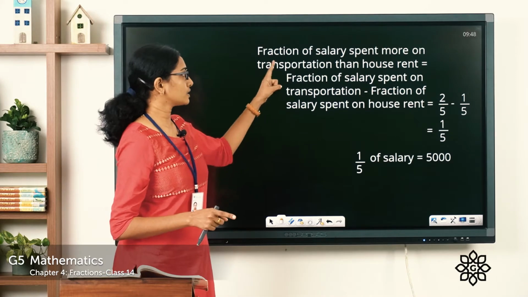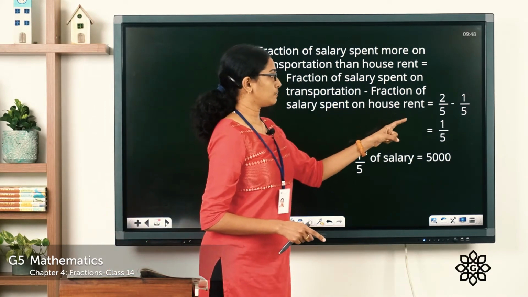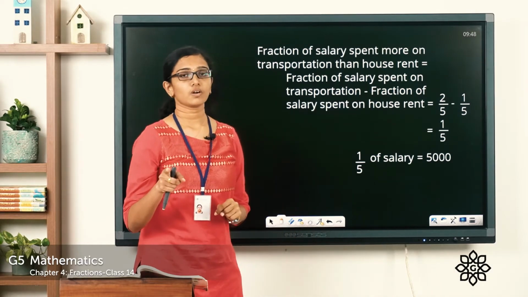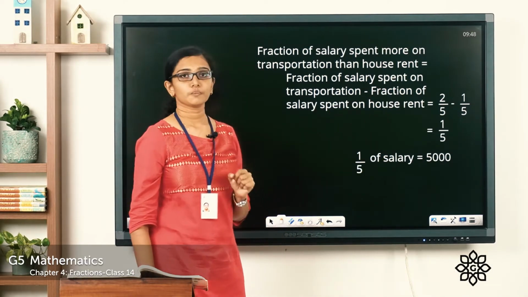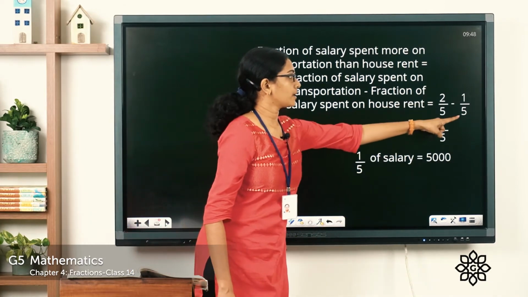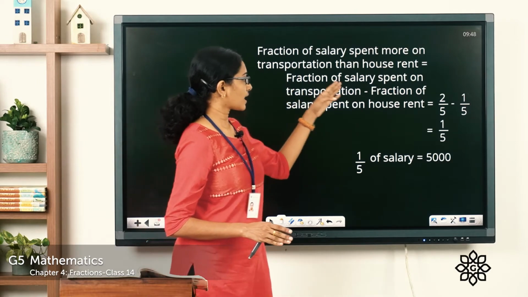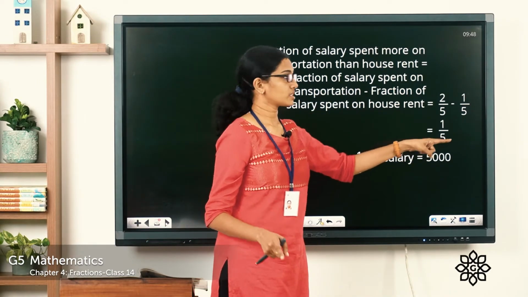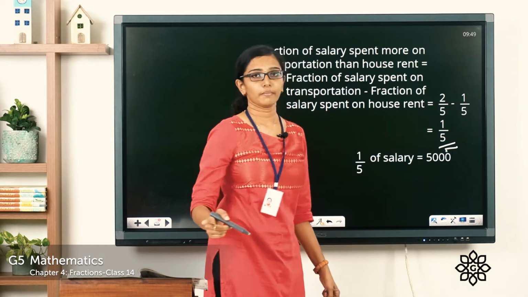So let's find out the fraction of salary spent more on transportation. What would it be? The fraction of salary spent on transportation was 2 by 5 and the fraction spent on house rent was 1 by 5. So how much more fraction was spent on transportation? It was 2 by 5 minus 1 by 5.